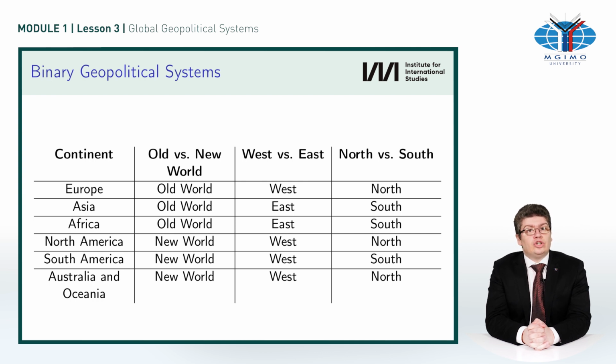The model shows uneven development across the globe. The global North accounts for one third of the world's population and 80% of the world income, while the global South has two thirds of the population and earns only 20% of the world income.